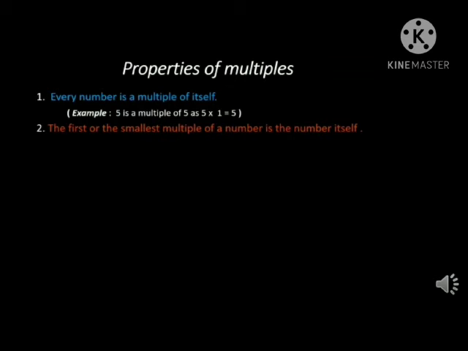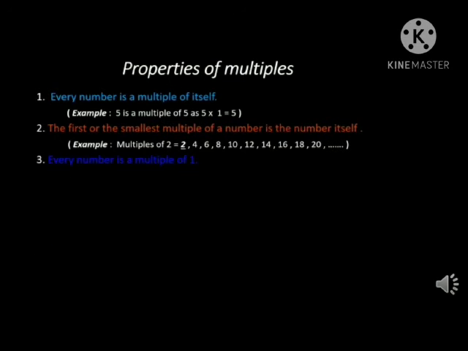Second property is the first or the smallest multiple of a number is the number itself. For example, multiples of 2 are 2, 4, 6, 8, 10, 12, 14, 16, 18, 20 and so on. Here 2 is the smallest multiple of 2.